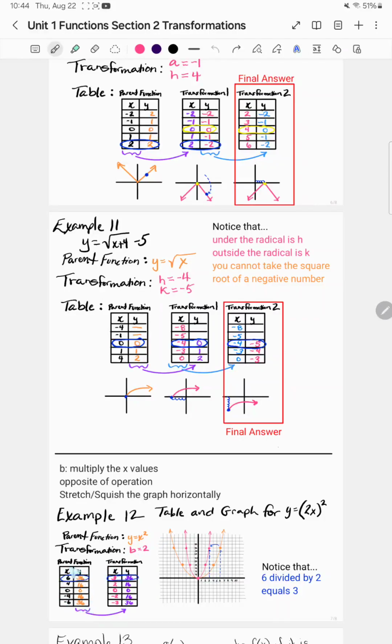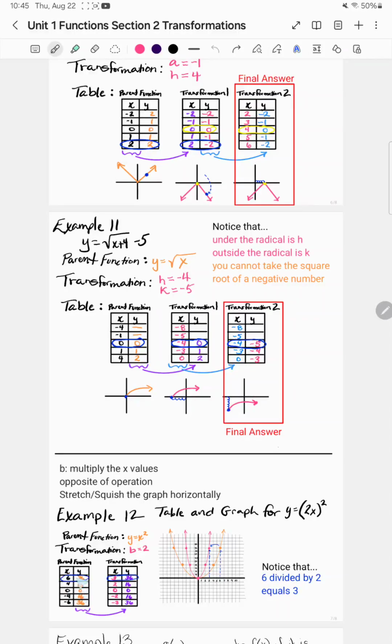So same parent function table, except we're going to be using different numbers so that we can get a good idea of what b actually does, because the -2, -1, 0, 1, 2 is just too small. We don't really see what's happening. So we're choosing bigger numbers for x. We wanted to use 6, 4, 0, -4, and -6.